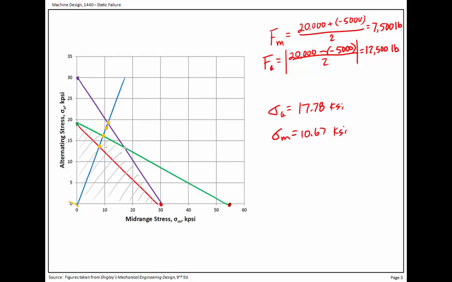Just like the Goodman, we use the ultimate strength at this point, but instead we pass the line through the stress point right here, and we find where it intersects. That's the equivalent completely reversed stress. We call it sigma rev.